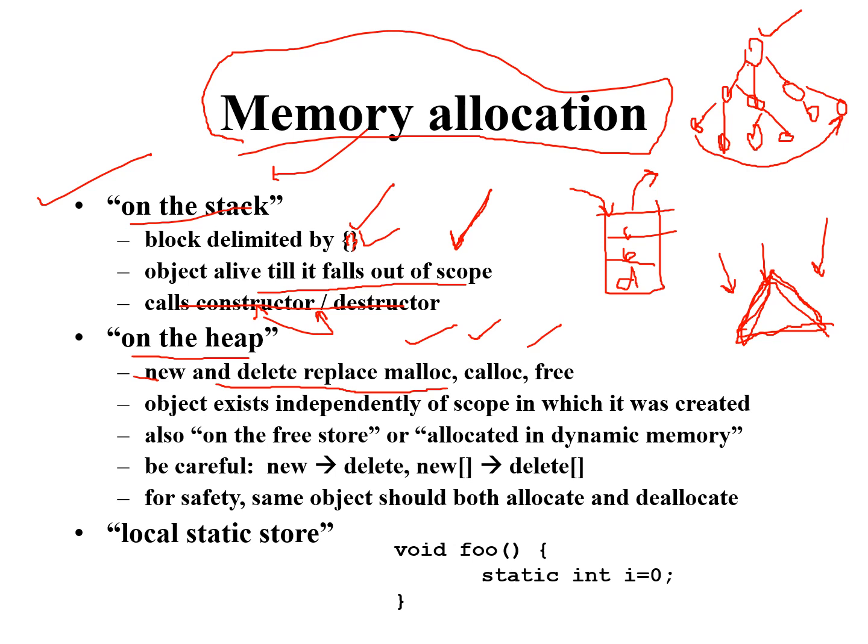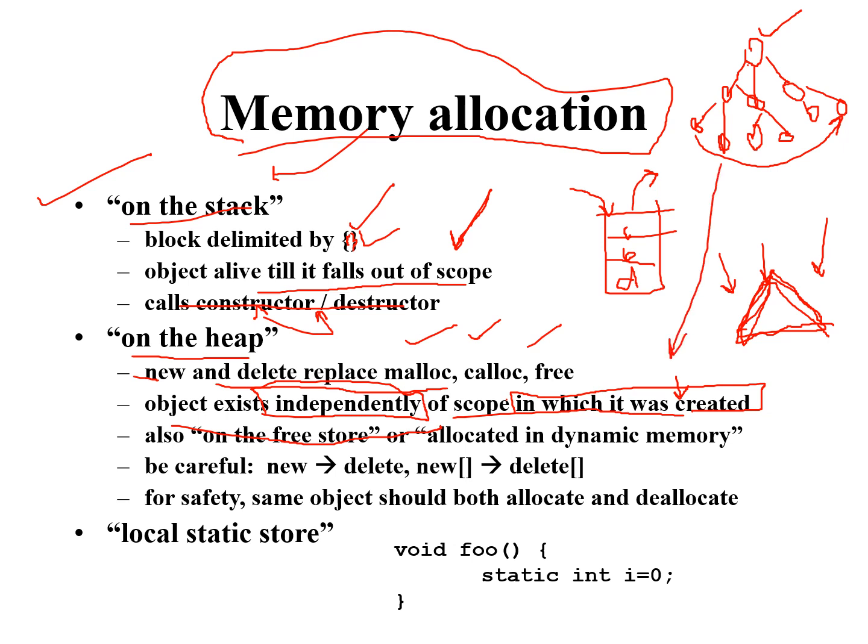Then the object exists independently of the scope in which it was created. Here the object exists totally independently. See, here I have explained it to you.